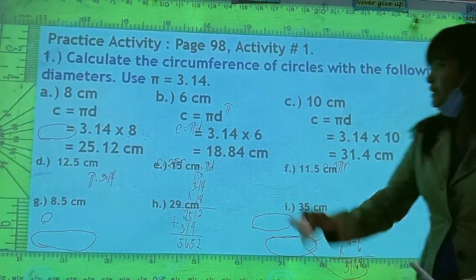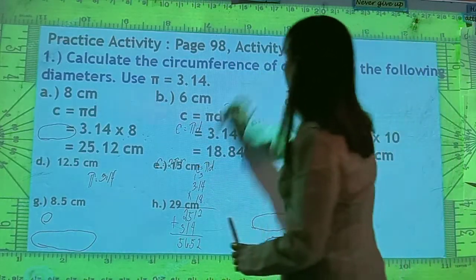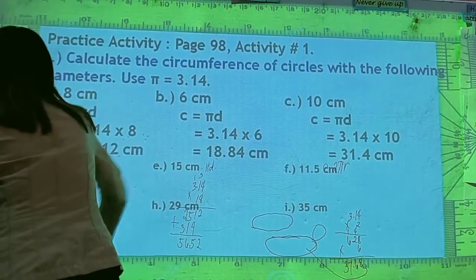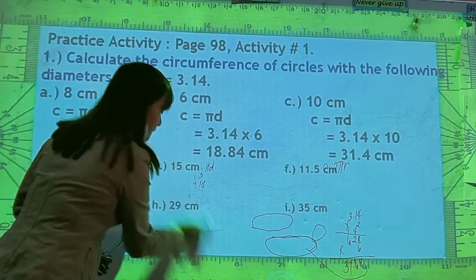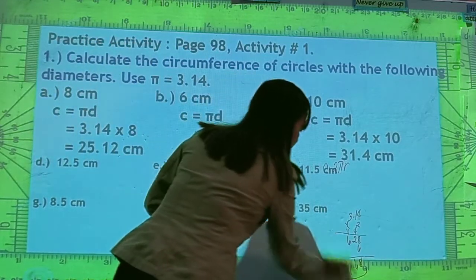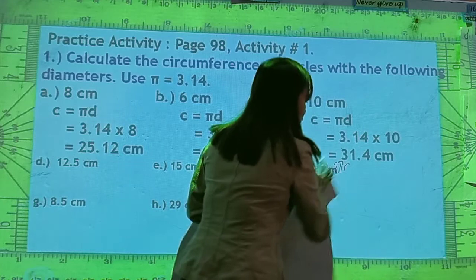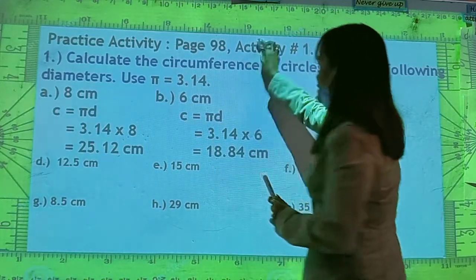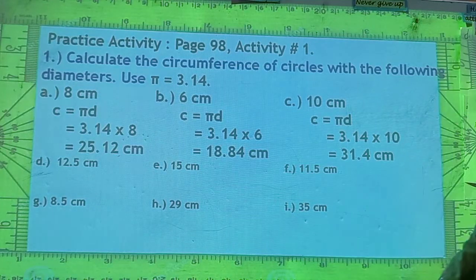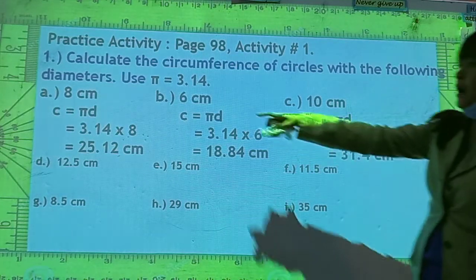Grade 6, I want you to open your book on page 98, activity number 1. Let us first read the instruction. Calculate the circumference of the circles with the following diameters.